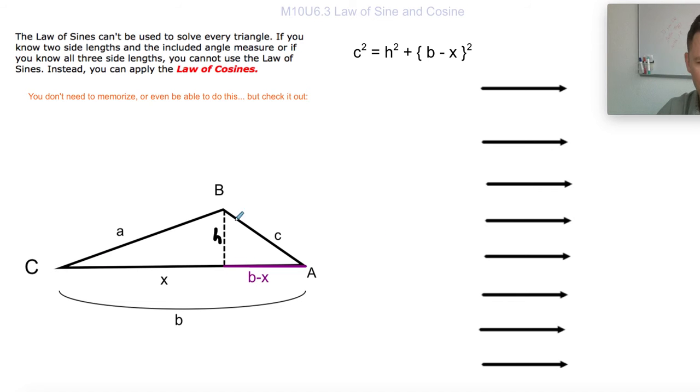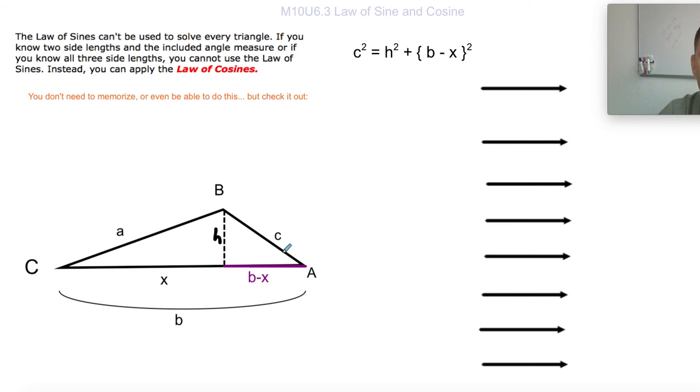B, since this drops down, gets broken into two pieces. One of those pieces we're going to call X. And what's left over, the other chunk, is B, the whole thing, minus X. That's this piece, right? It's B, the whole thing, but cut off this bit, and what you're left with is B minus X. Cool? All right, so that's that piece.